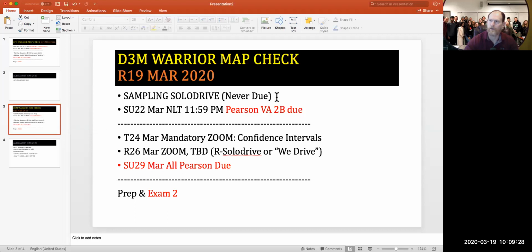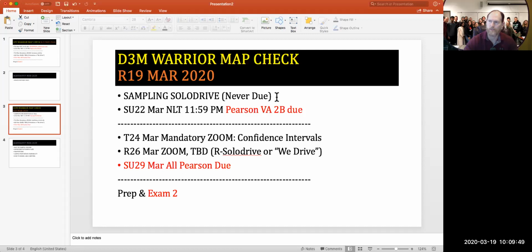And then looking into next week, right now we've got scheduled a mandatory Zoom on Tuesday during our normal class time, and then we'll go into confidence intervals on that day. I'm still figuring out what Thursday, the 26th of March, looks like.